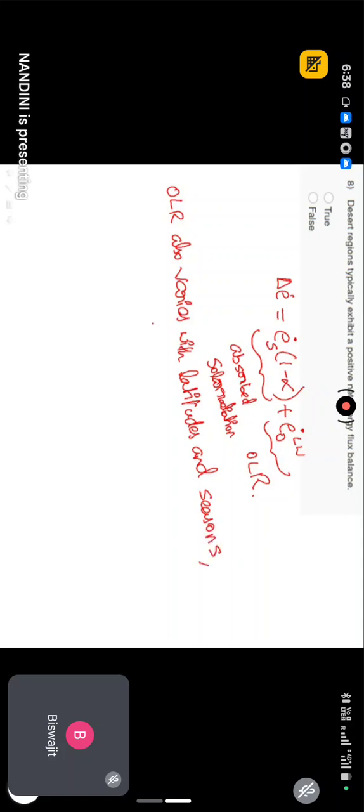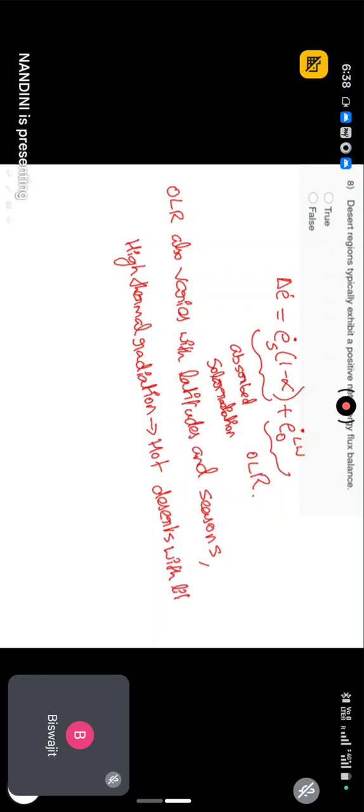So, which regions have the largest outgoing long wave radiation, that is, high thermal radiation? Among the landmass, which region will have the highest? The high thermal radiation is generally seen over hot deserts with little cloud cover.